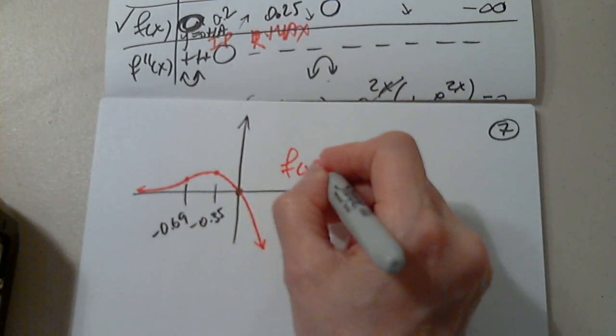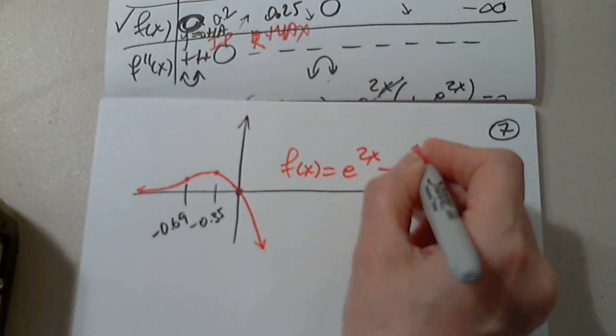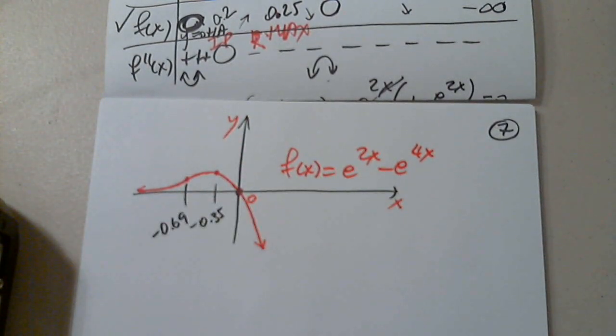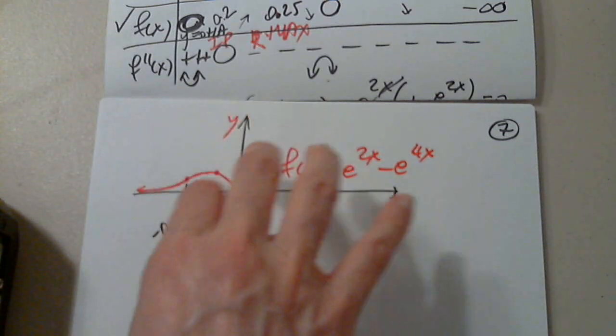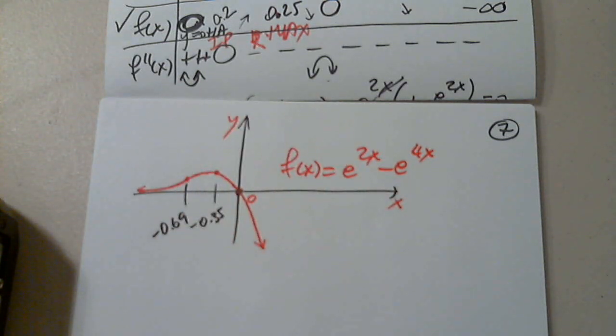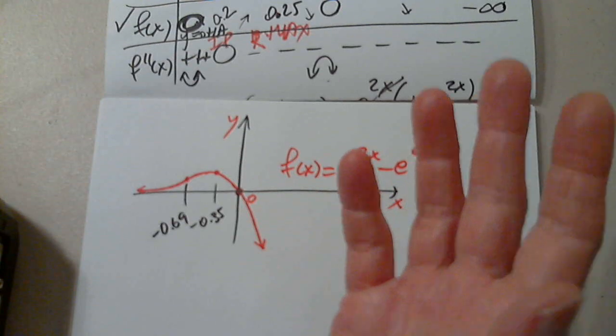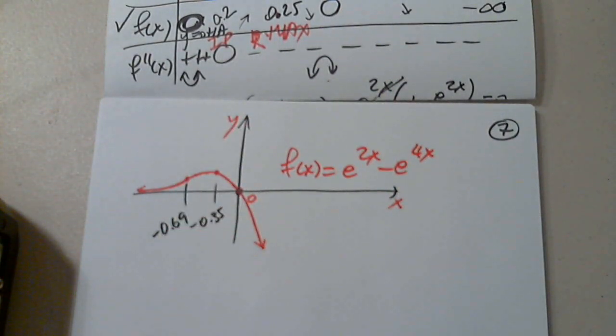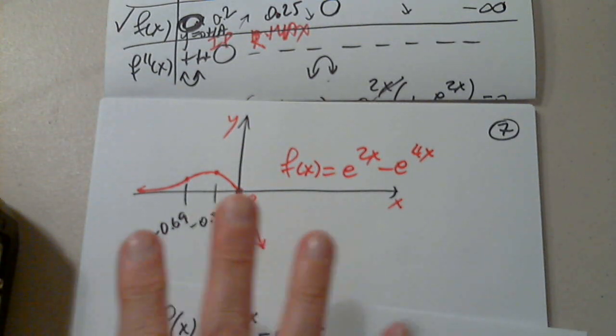So this is e to 2x minus e to 4x. And here's the graph. Of course, this is not 100%. Why? Because I use different scale for x and y, so it looks a little confusing. But this is the shape.